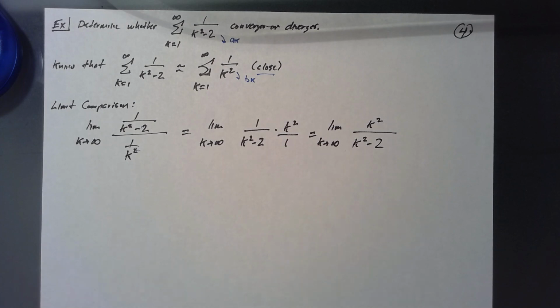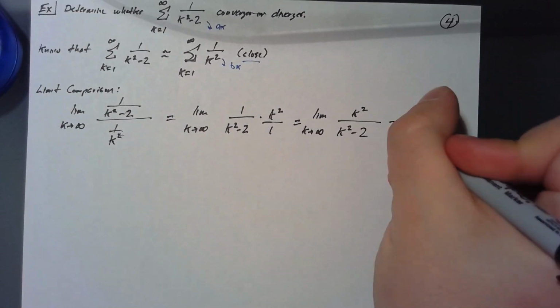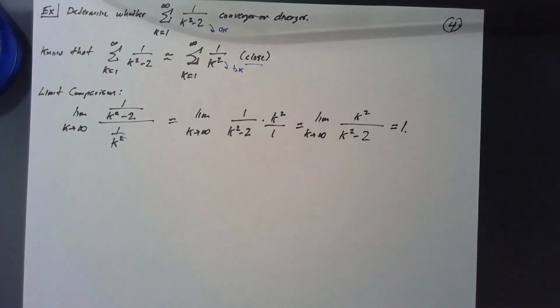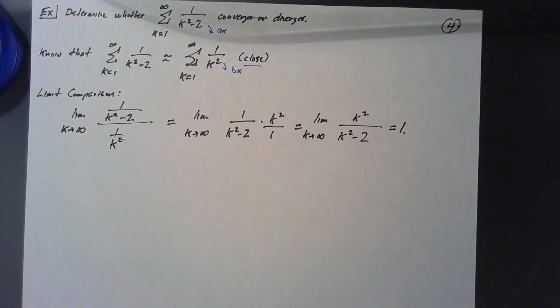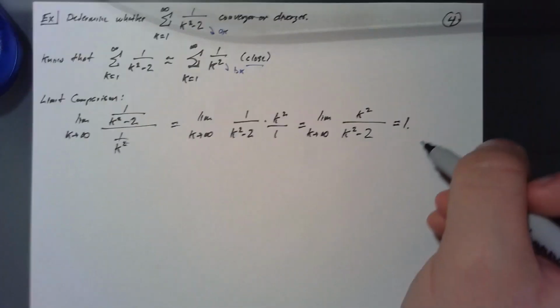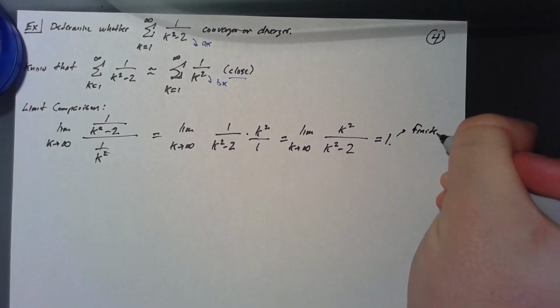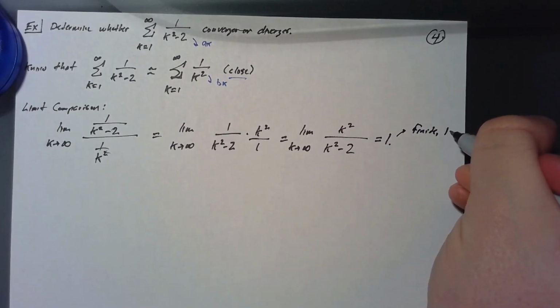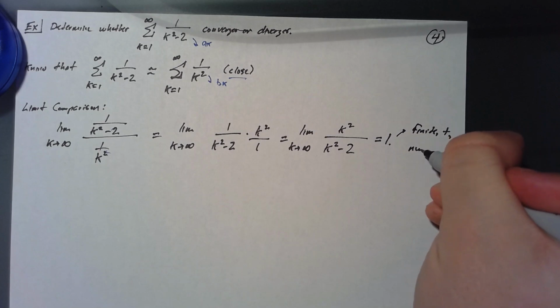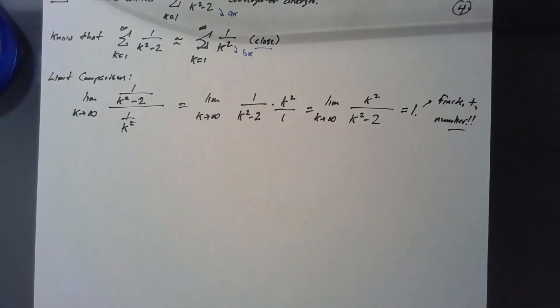That's easy. K squared over k squared, dominant terms, that's going to be 1. And 1 is a finite positive number, isn't it?